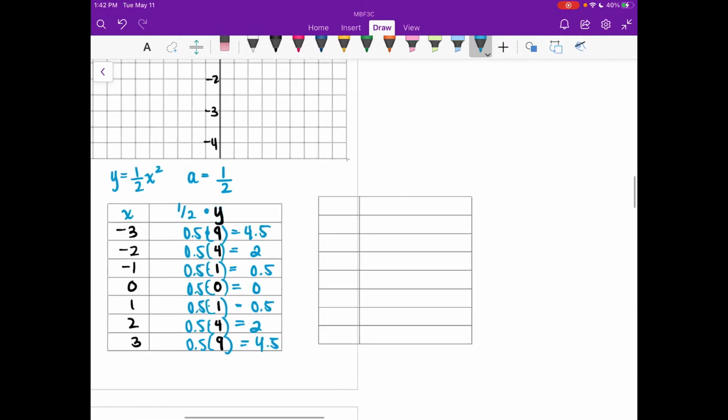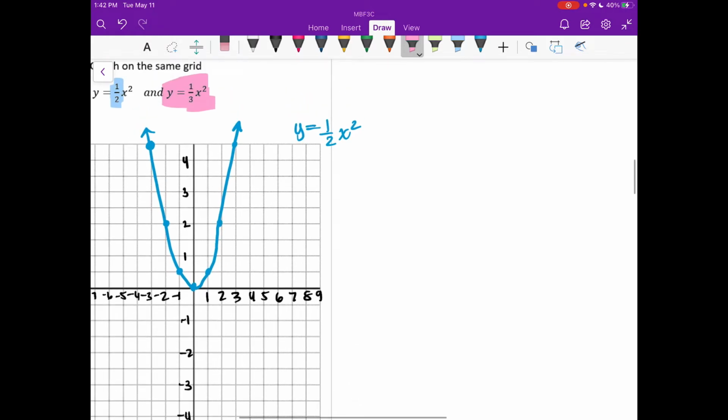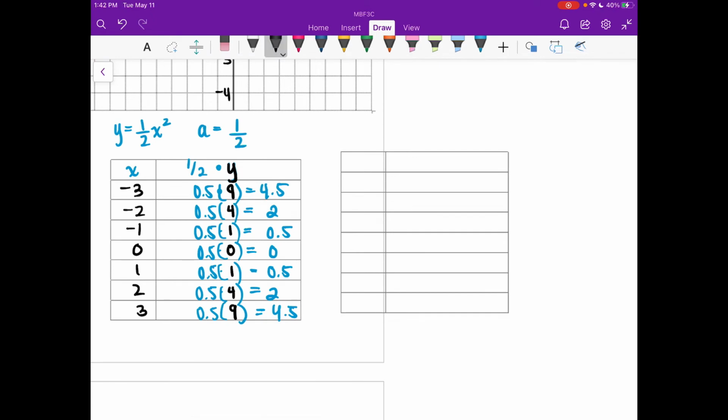Let's try it again. With this side now, I'm going to make this all pink. So it's going to be y equals 1 over 3x squared. So I like to just go in and write in, okay, these are my x values and my y values right off the bat.